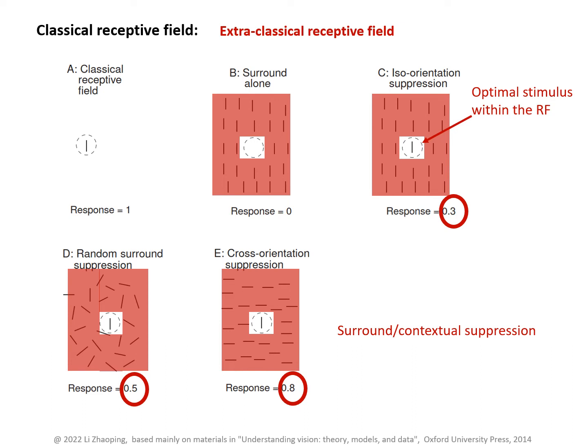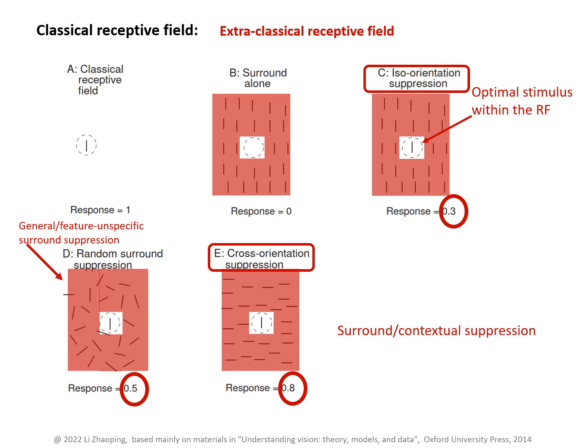The suppression depends on the features of the contextual inputs, so that the suppression is strongest when the contextual inputs have the same orientation as the visual input within the classical receptive field, and the suppression is weakest when the contextual inputs are orthogonal to the visual input within the classical receptive field, and the randomly oriented inputs are in between these two extremes.